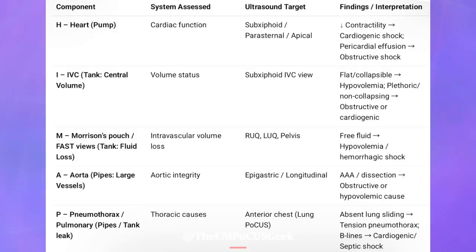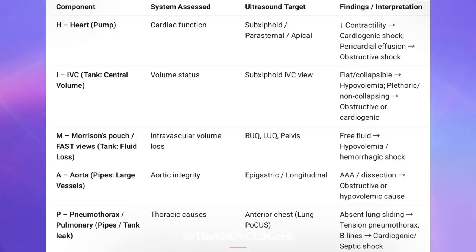We can use the subxiphoid, parasternal long axis, parasternal short axis, as well as the apical views. And here we look at the cardiac contractility of the left ventricle, particularly if you're suspecting cardiogenic shock. And if you see a significant pericardial effusion, that could lead to obstructive shock.